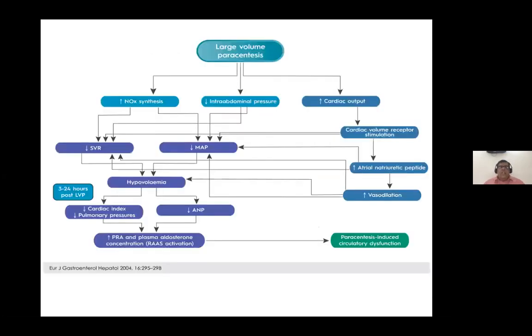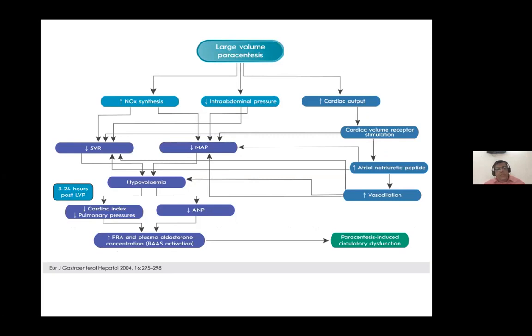So what does LVP do? LVP basically increases the synthesis of NO. This reduces the systemic vascular resistance, decreases the mean arterial pressure, which is also reduced because of the reduced intra-abdominal pressure, causing hypovolemia.